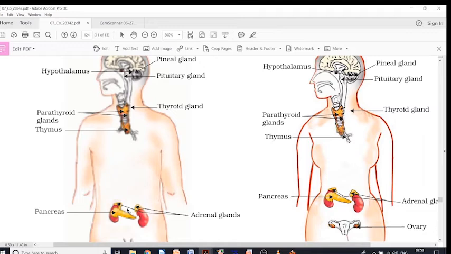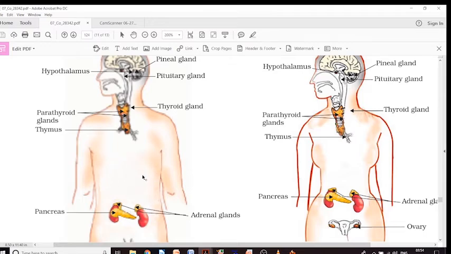Insulin is a hormone which protects us from diabetes, and when it is not secreted enough by the pancreas, or there is a shortage of insulin in our body, then the blood glucose level is not checked and it keeps on rising, and the person gets diabetes.